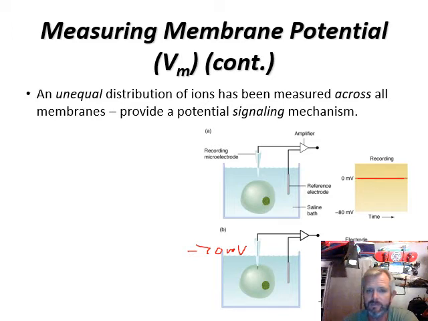Okay. Well, we're going to see what makes up this resting membrane potential. If you remember, ions have charge. We see there's an unequal distribution of ions, and that's going to be one factor that maintains this negative 70 millivolts.